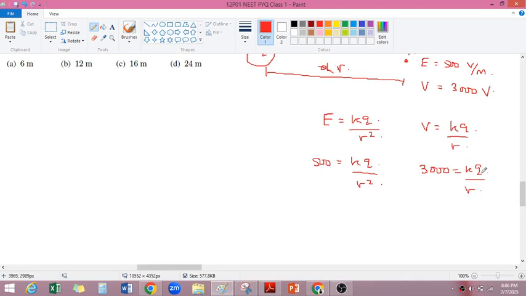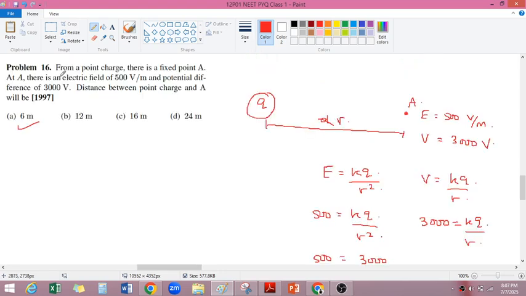So kq by r can be replaced with 3000. So that means 3000 divided by r. So r is equal to 6 times, I think. So 6 meters will be the correct answer. Okay, very simple. E and V formula.